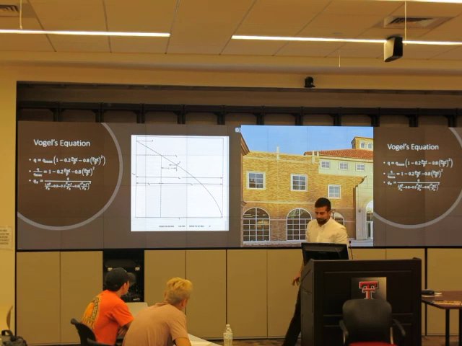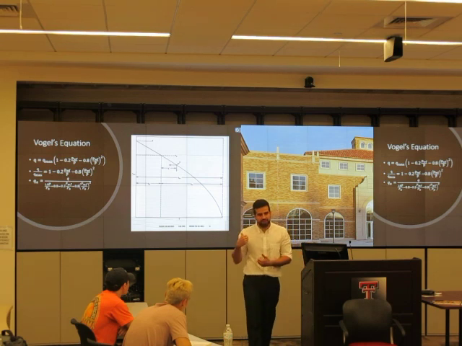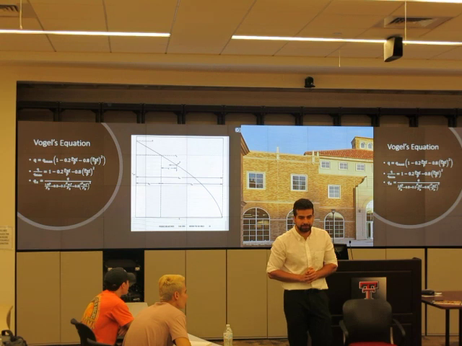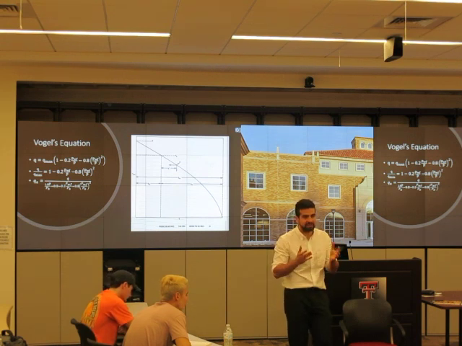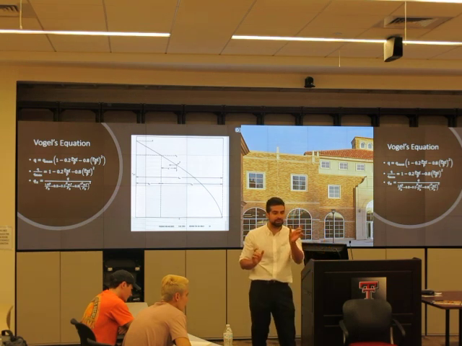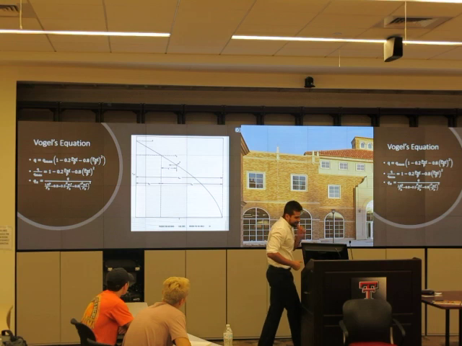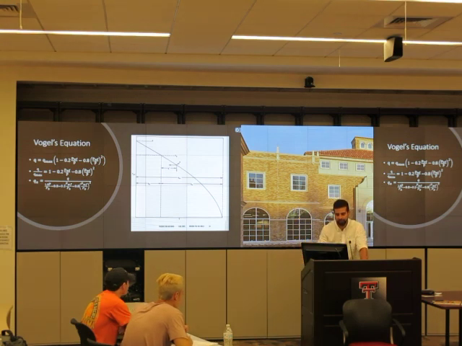When you talk about the productivity index, PI, the slope is the same as the slope of this line over here. So from the time that you reach the bubble point pressure over here and two-phase flow happens, you have to use Vogel's equation.